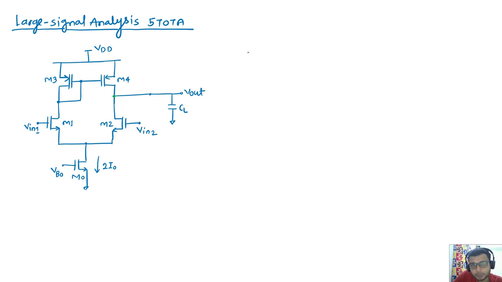So one thing that I assume here is this Vin1 is some common mode, on top of that some DC signal that I call the VDC, and Vin2 is my common mode signal only. So both the sides have a common mode applied, and the first input I am sweeping with a VDC input. So what will happen? We will see.